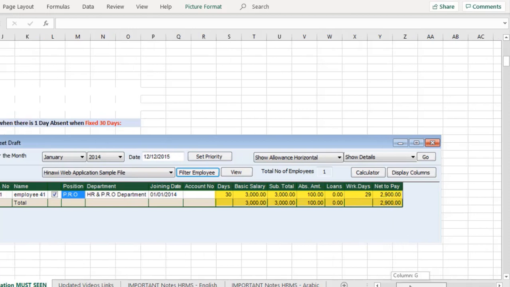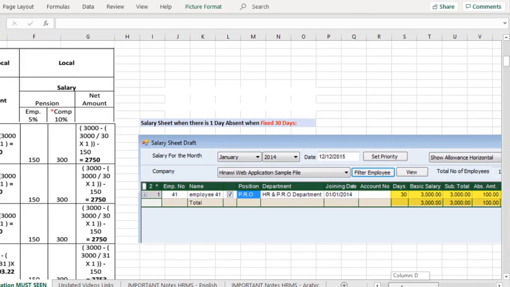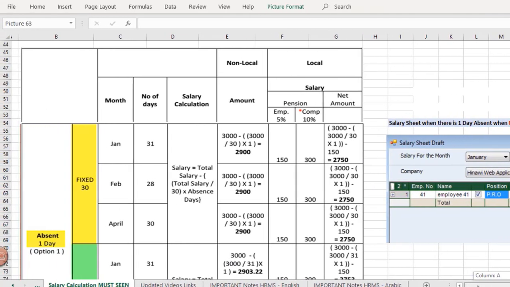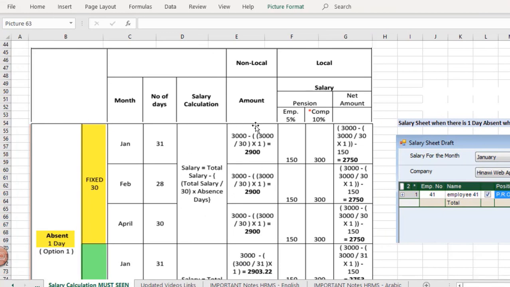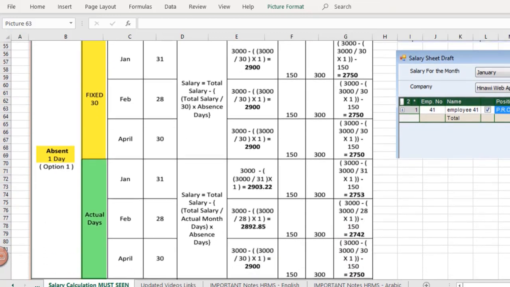So that's how it's calculated when there is 1 day of absence based on fixed 30 days, as we have seen in this example, based on the calculation I have shown you. So basically that's how it was calculated.